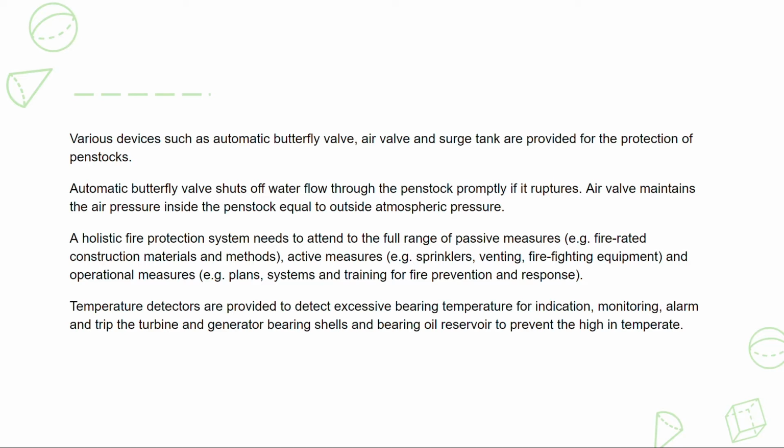This is a really important point of a holistic fire protection system, because if any fire breakage happens, there should be a system to control it and prevent any accidents from happening.